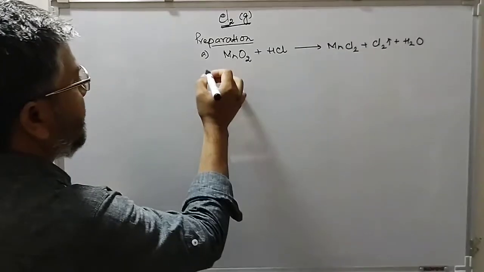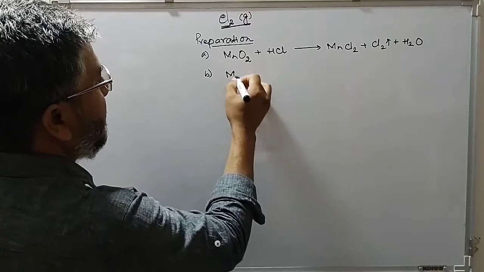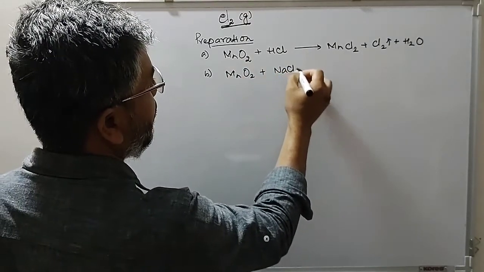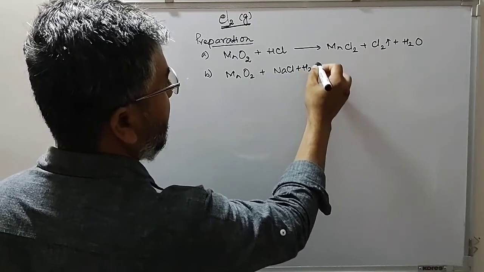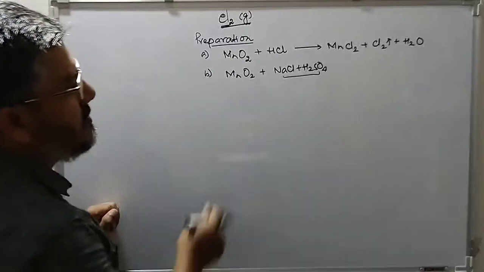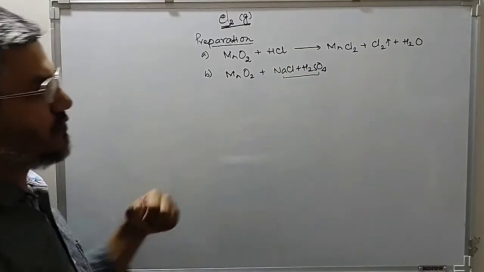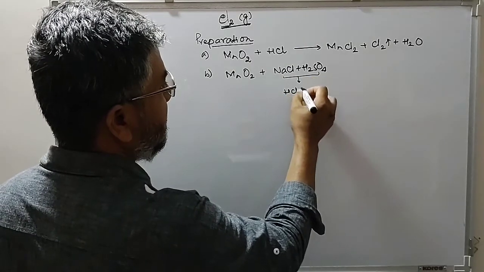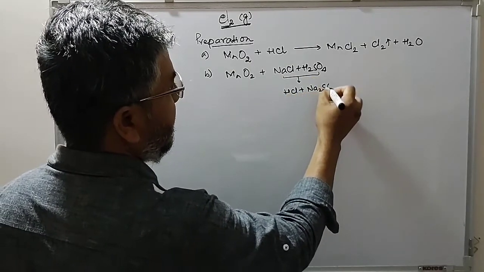Or instead of this, we can also take this combination: MnO2 reacts with a mixture of sodium chloride and sulfuric acid. NaCl or KCl reacts with sulfuric acid to give you HCl and Na2SO4.